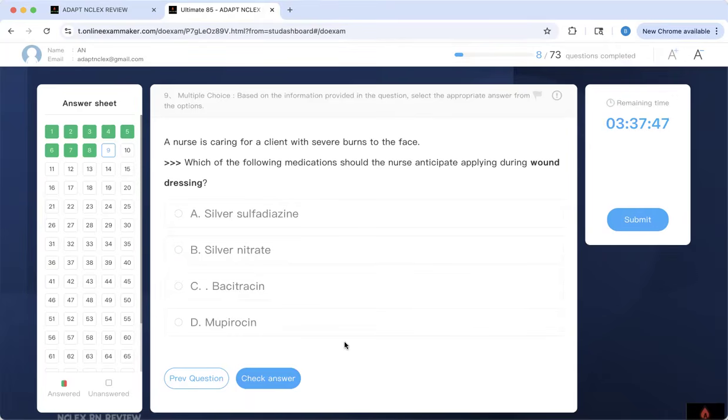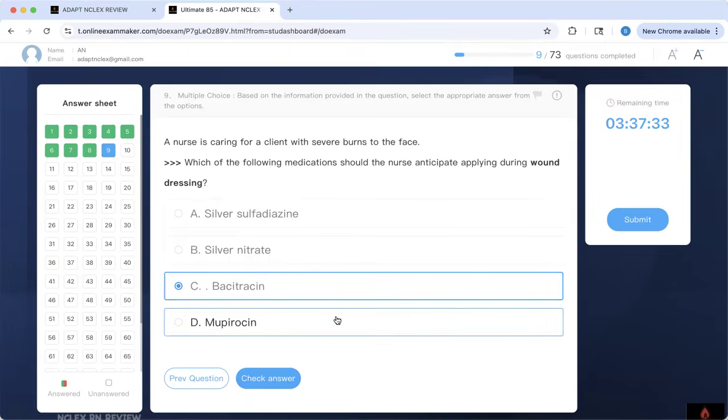You pick your answer. I can tell you, when you have a burn injury, the best medication is Silvadine. Always pick Silvadine. But if they tell you the burn is to the face, choose bacitracin, because Silvadine will cause scarring of the face. Therefore, the best medication for a burn dressing change is bacitracin if you have a burn to your face.